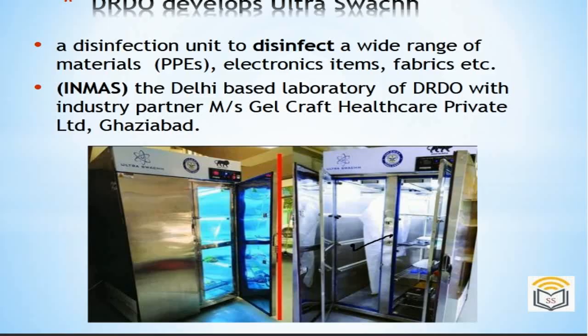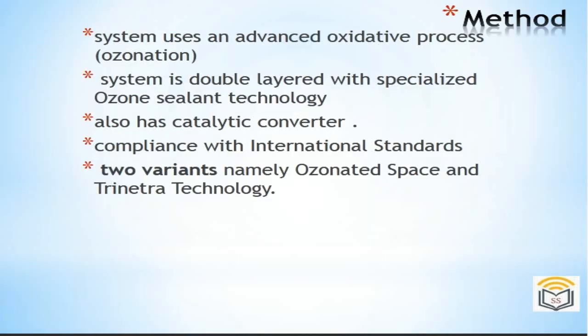Here you can see the layers through which the ozone will be sprayed or passed onto the PPE or the electronic gadgets, and through its huge oxidation potential, the surfaces will be cleaned.